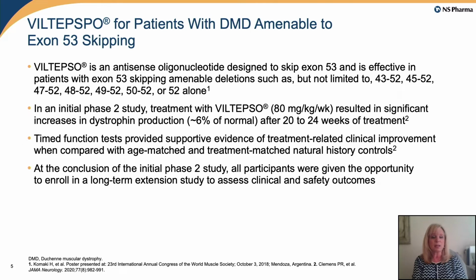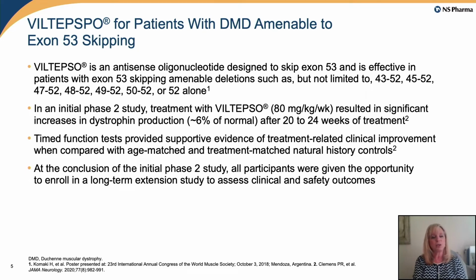In addition to this list that you see on the slide, there are many other deletions that may be treated with Viltepso. And so you should always consult with your physician and or genetic counselor to find out if your deletion is amenable to exon 53 skipping specifically.